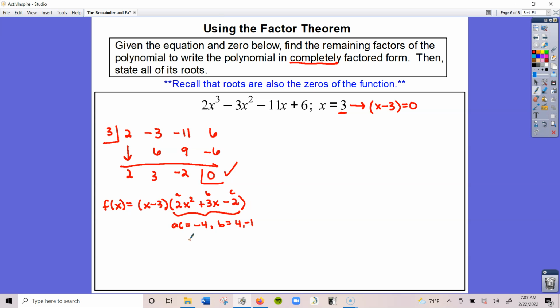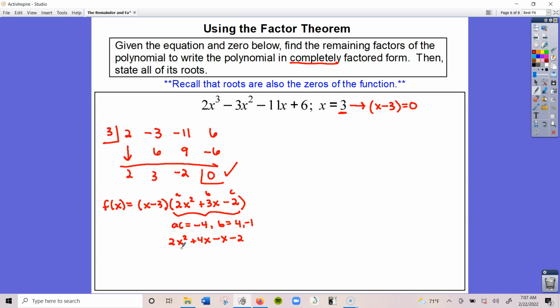I'm going to rewrite this using my new numbers for B. So 2x squared plus 4x minus x, that's the 4 and the minus 1 right here. And I have x attached because B always has x. And then the minus 2.